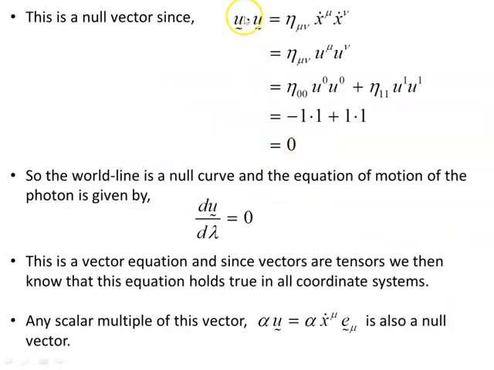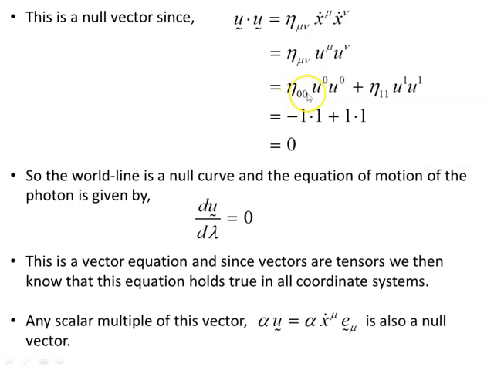All right, now this 4-vector u is a null vector, and we can use the Minkowski flat space metric η_μν to contract it, so that we can find the magnitude squared of this vector. When we do that, we put u^μ, u^ν in here and expand it out.